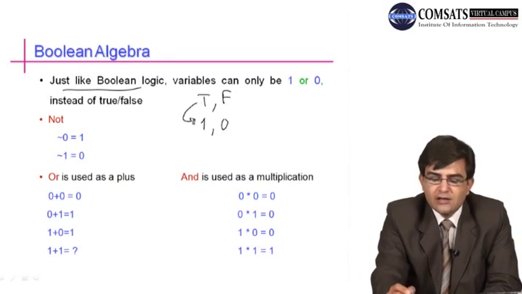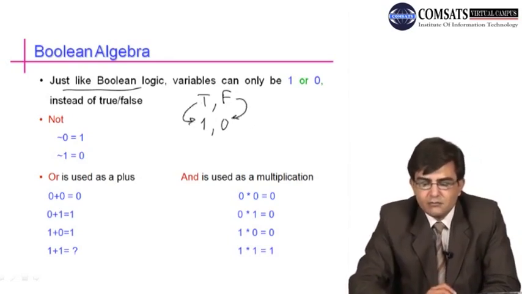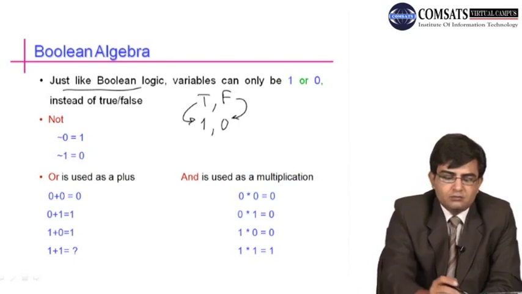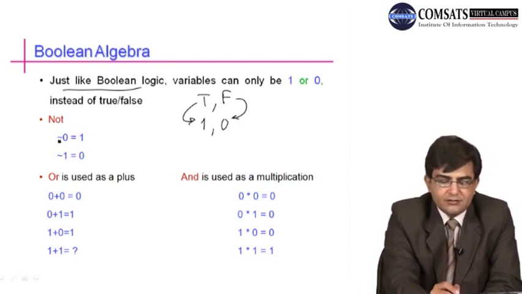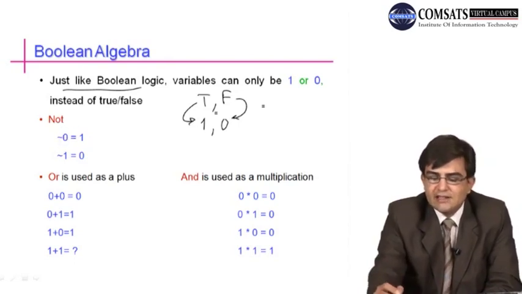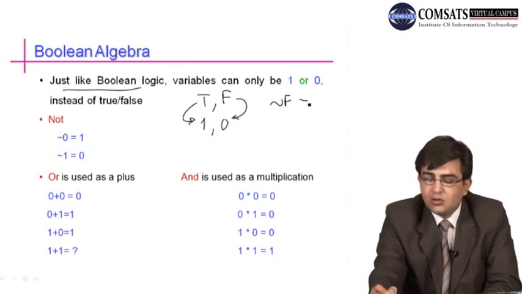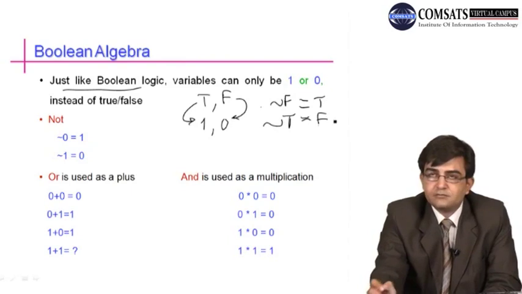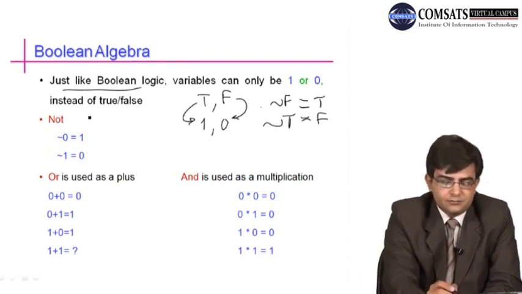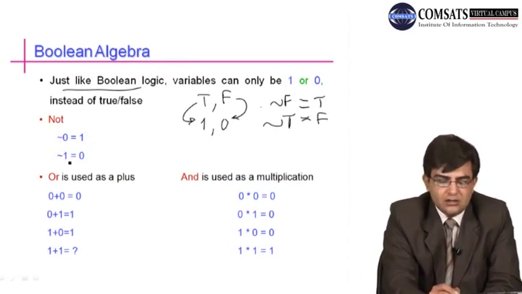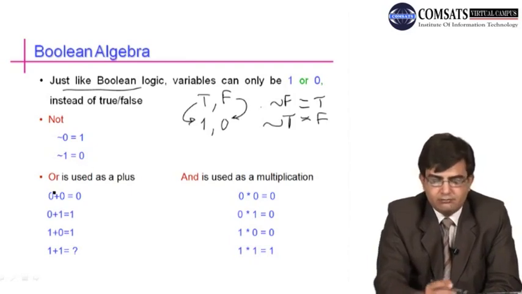True is equivalent to 1 and false is equivalent to 0. So what is the negation of 0? Negation of 0 is 1, as the negation of false is true, and negation of true is false. So negation of 0 is 1, negation of 1 is 0.